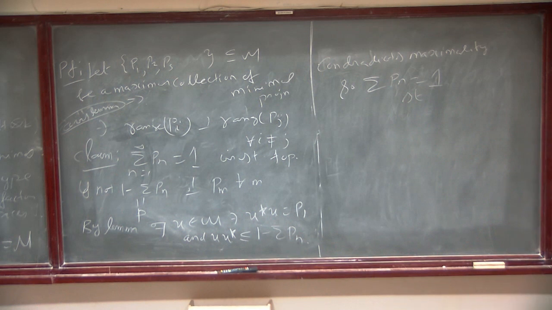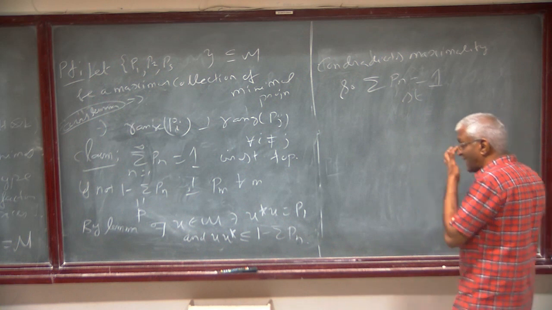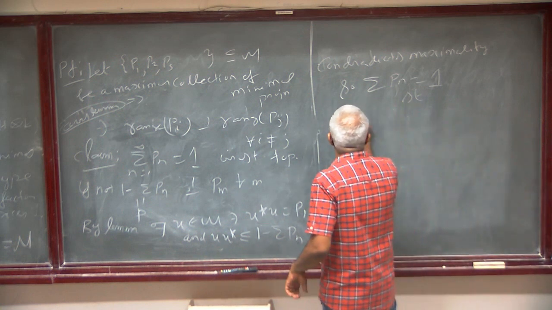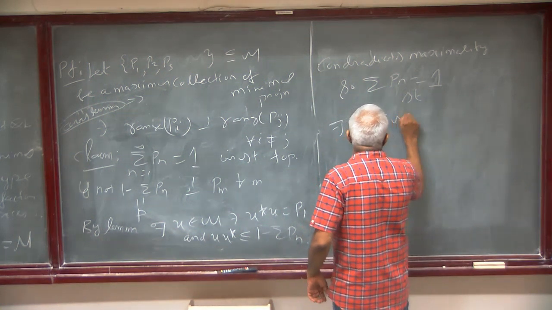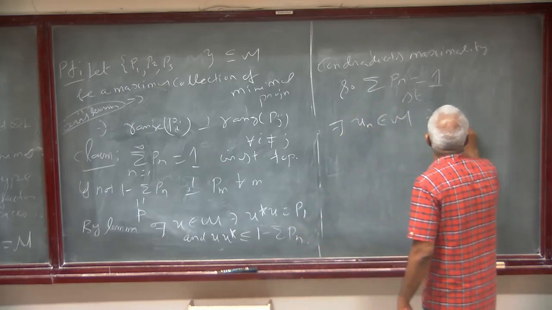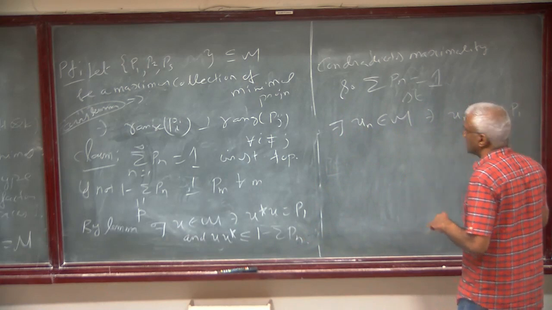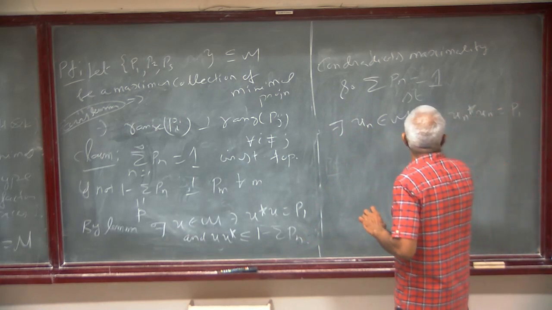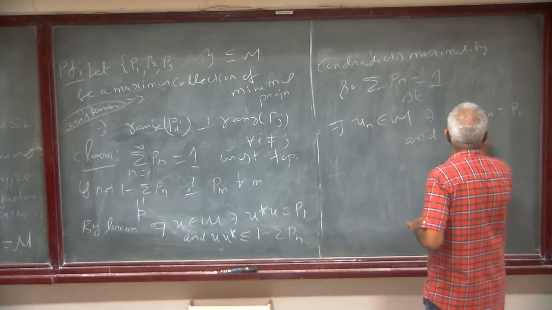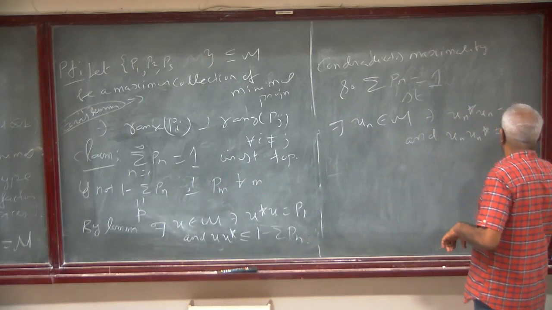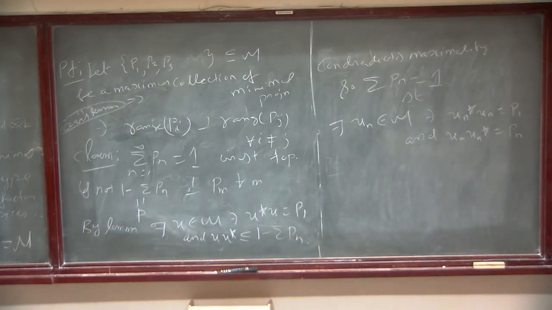Okay. So these are all factors. So there exists Un in M, a partial isometry, such that Un star Un equal to P1, you take P1, and Un Un star equal to Pn by the lemma.